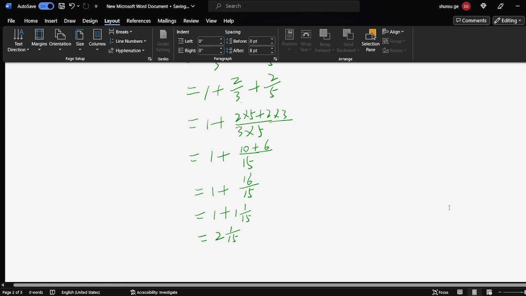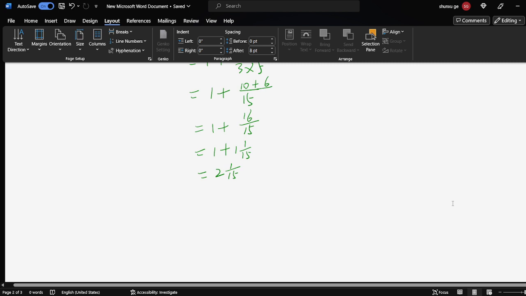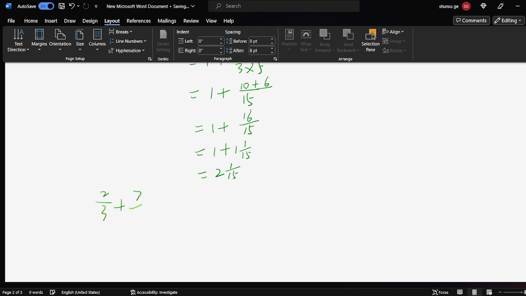So I will show you why I do that. The original question, I first write 2 over 3 plus 7 over 5. So first step, we change the improper fraction to a mixed fraction: 2 over 3 plus 1 plus 2 over 5.